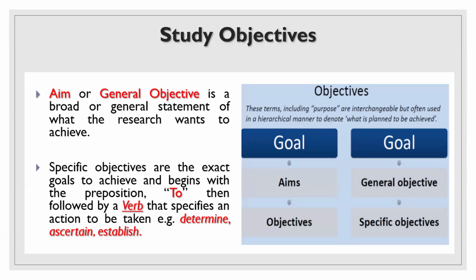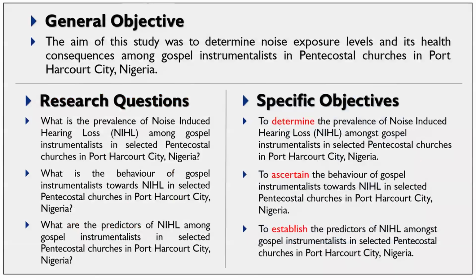So for example, using one of my studies, the overall aim of this study was to determine noise exposure levels and its health consequences among gospel instrumentalists in Pentecostal churches in Port Harcourt City, Nigeria. Now, you would notice the three verbs I have used in the specific objectives.